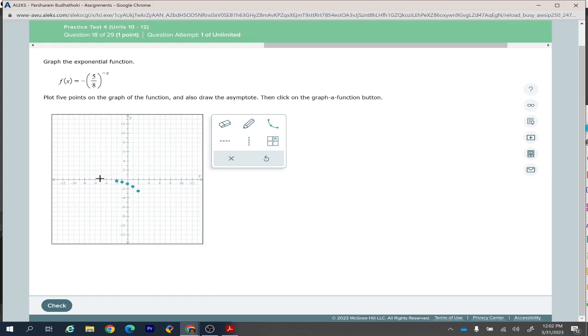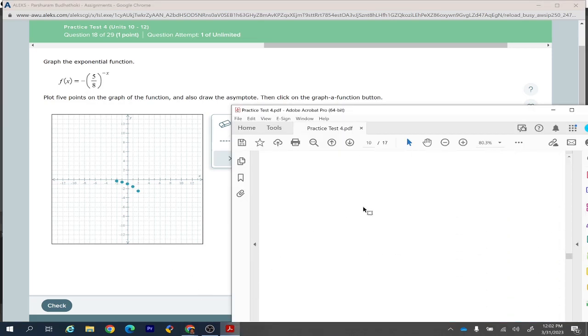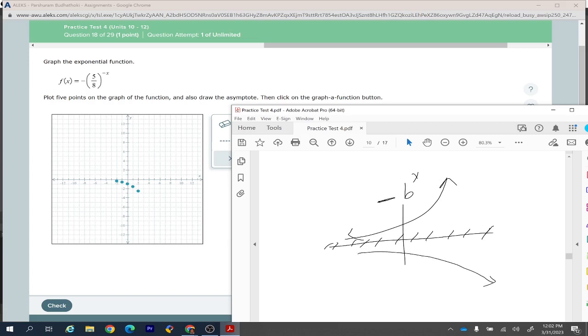Remember, this is your exponential function. For an exponential function like b to the power x, the graph looks like this, and this line is your asymptote. If you plot the negative of that, the graph becomes like this, but the asymptote would still be the same.